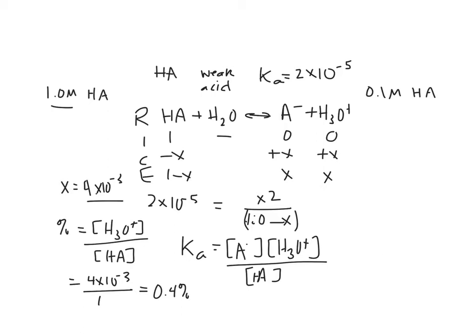Let's consider the same thing, only now let's focus on a solution that was more dilute. So what's really going to change in this situation? Well, the only thing that's really going to change is that the concentration that I started with is less. So this would be 0.1, 0.1, and then this would also become 0.1 as well.